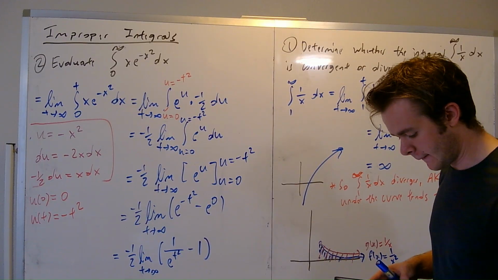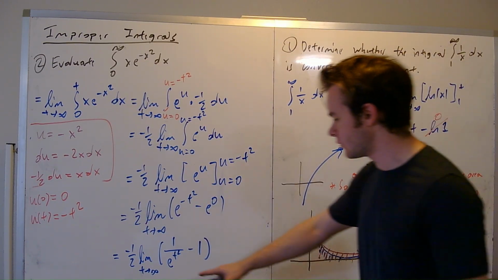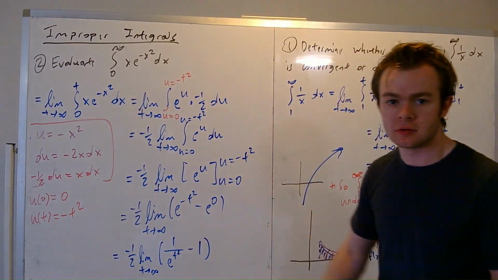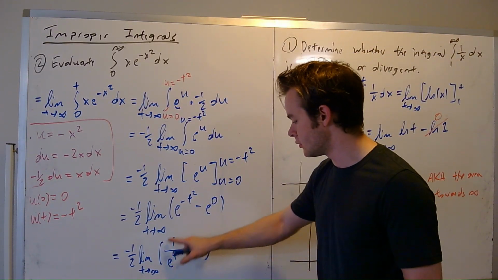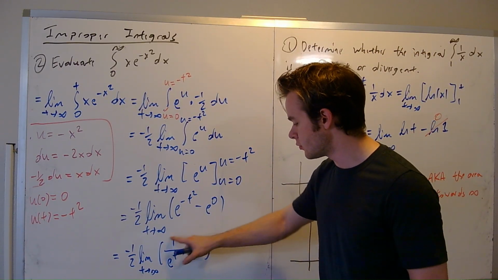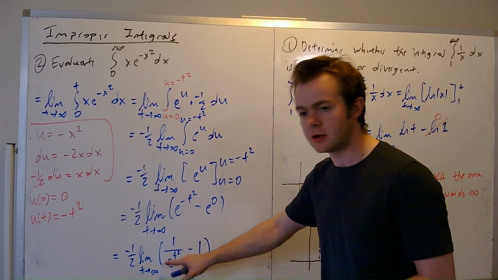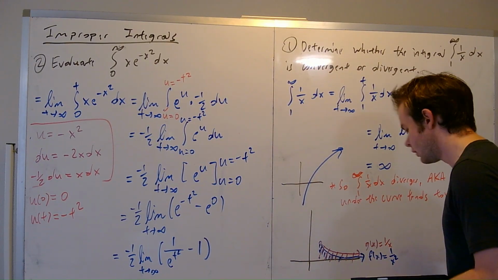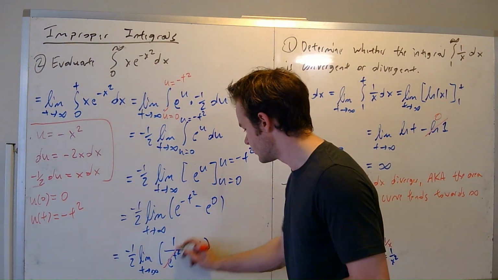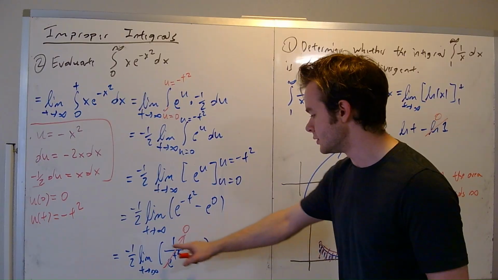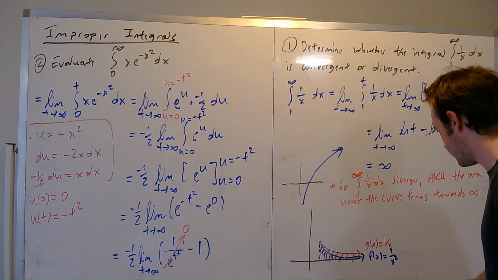And now we have to consider, well, t is going towards infinity, so what's happening to this fraction? This denominator is getting infinitely big, so this fraction is going towards 0.